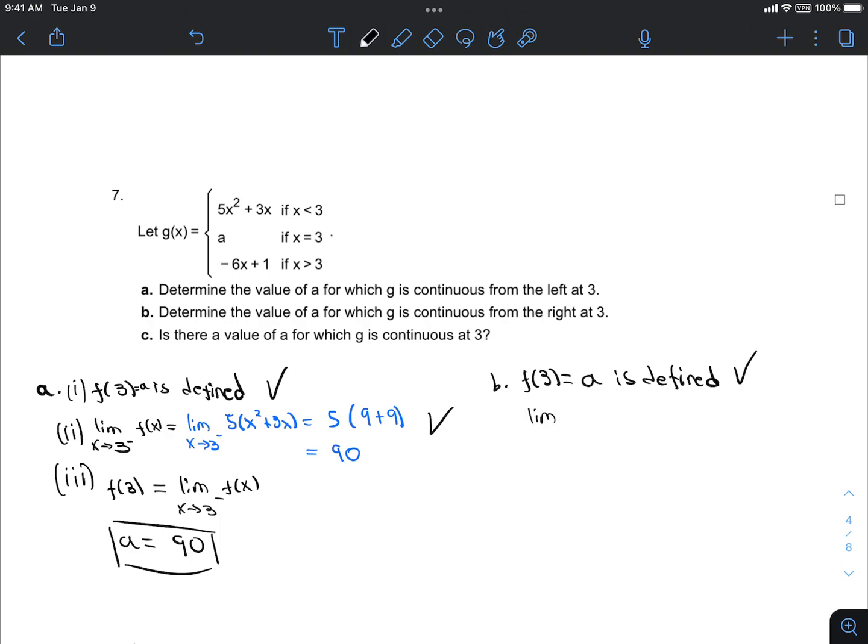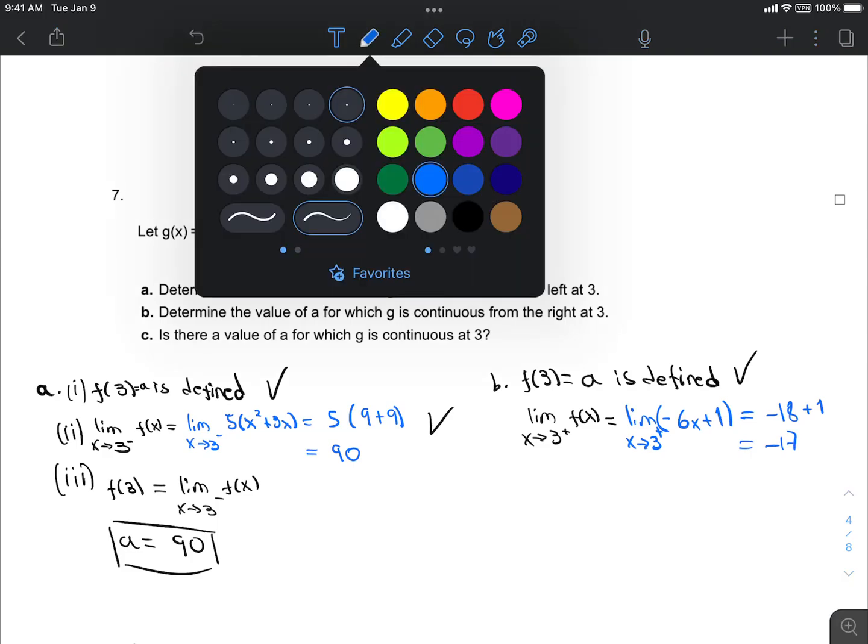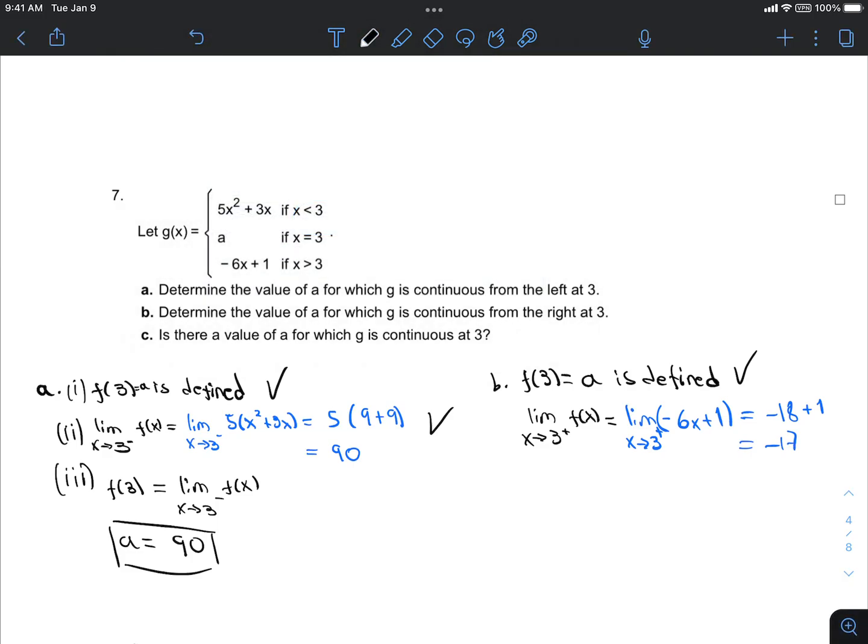The limit when x approaches 3 from the right, that's the right limit, will be the limit as x approaches 3 from the right of, and now we're using that rule, minus 6x plus 1. So that will then be minus 18 plus 1, so that's minus 17. So the second condition is satisfied because the limit exists.